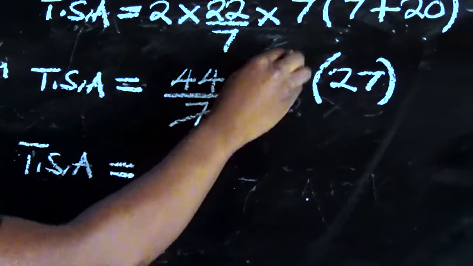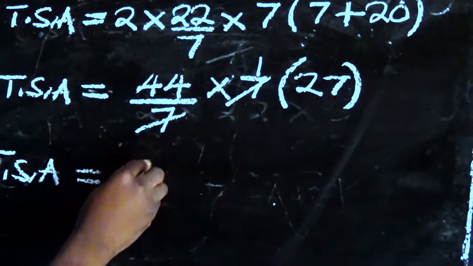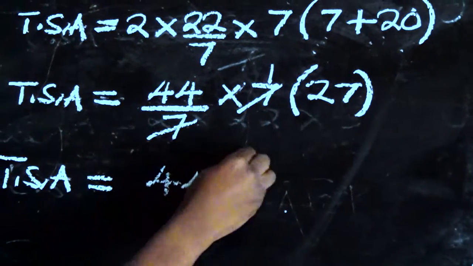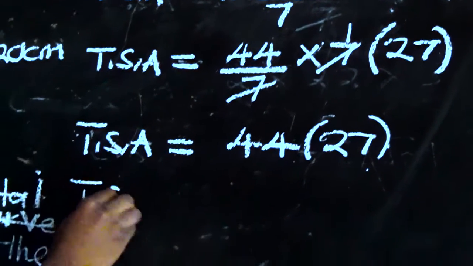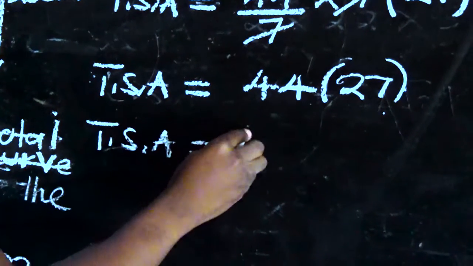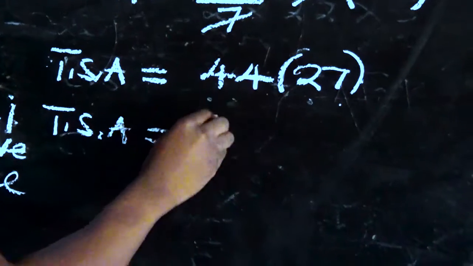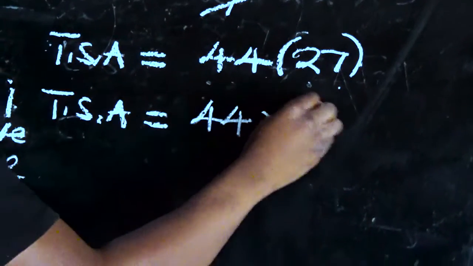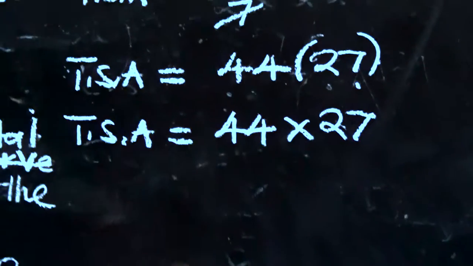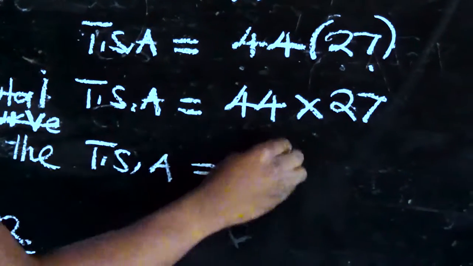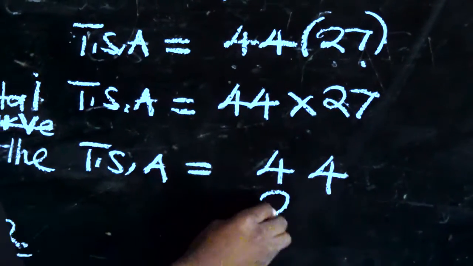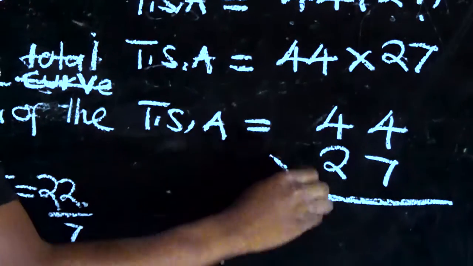7 into 7 is what? 1. 1 times 44, you get 44, then multiplied by 27. So total surface area is equal to, we are just multiplying here. Yes. 44 times what? 27. So we can move on and say total surface area is equal to 44 multiplied by what? 27.